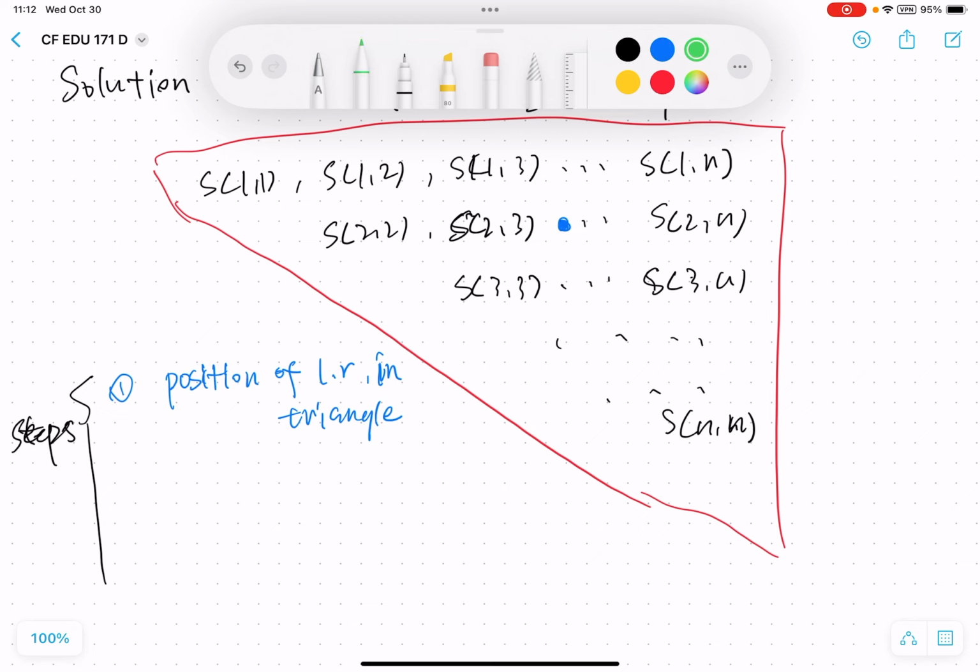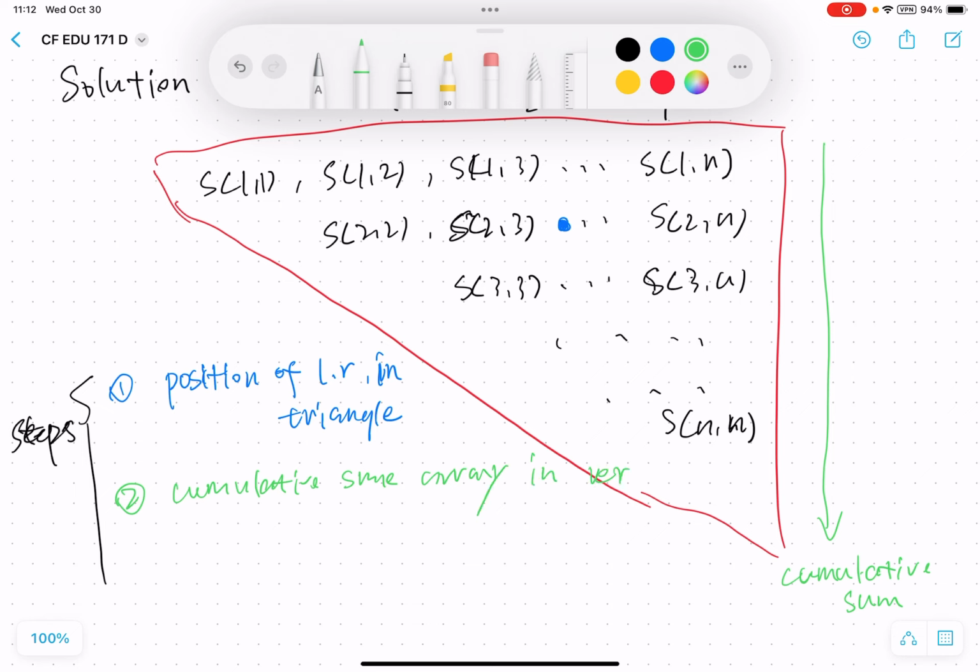The second thing, we need to get an intermediate array in the vertical dimension. That means a vertical cumulative sum array.